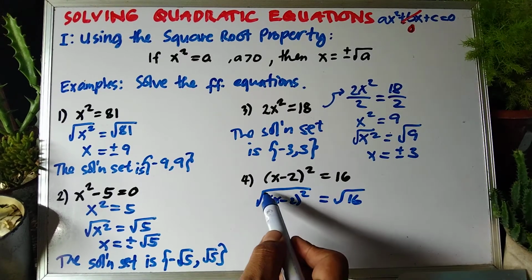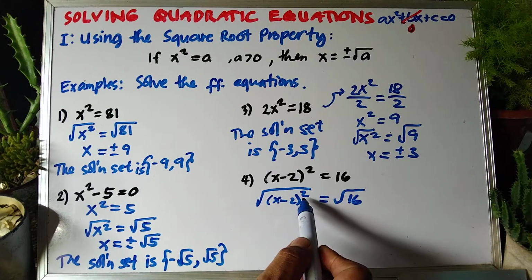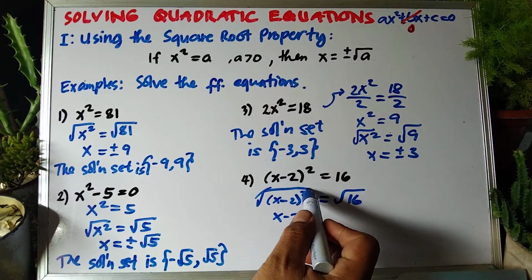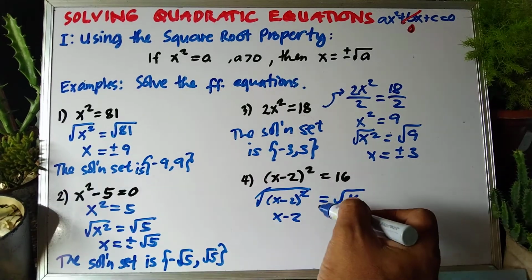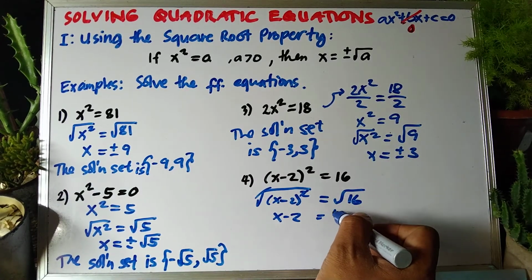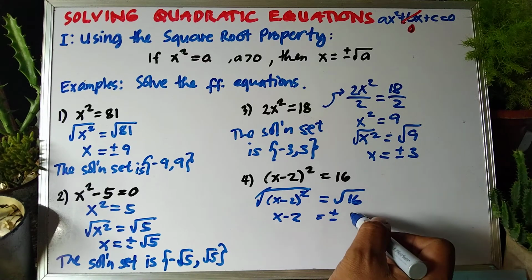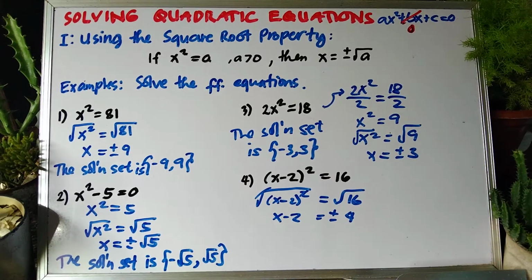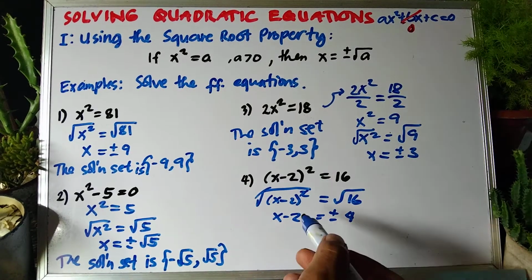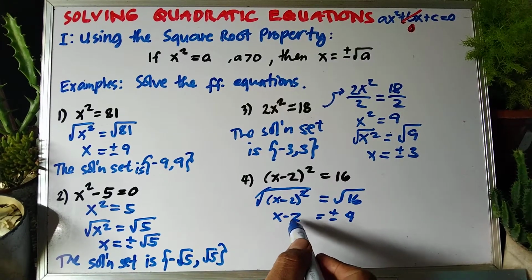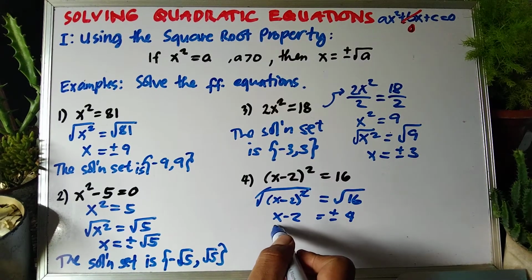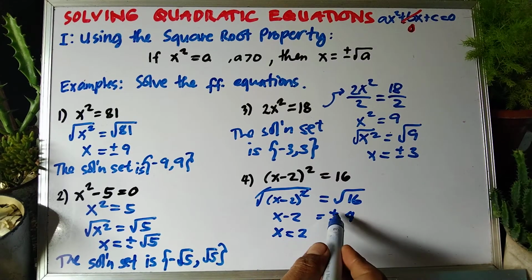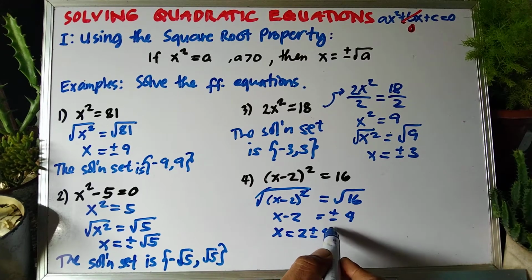So, from here, the square root of x minus 2 to the power of 2 is x minus 2 only. Because we can cancel the radical and the square. And also true to our previous examples, it is equal to positive negative, which is the square root of 16, that is 4. So take note, we need to solve for x. What are we going to do? We simply transpose negative 2 to the right side of the equation. So this becomes x is equal to, since this is negative, it becomes positive 2. You copy plus minus 4.